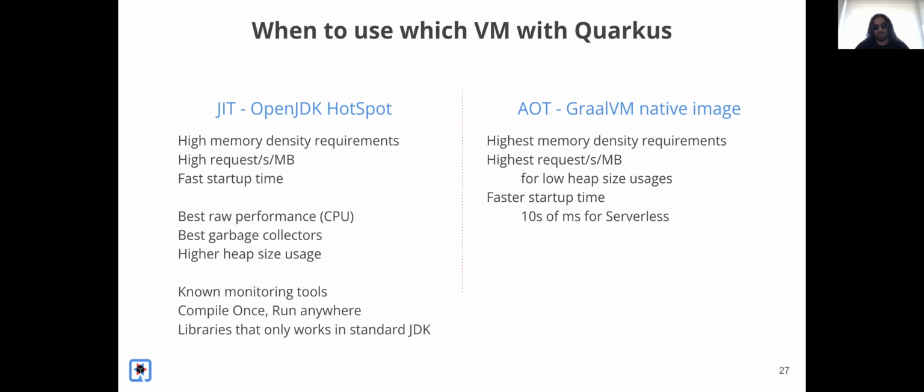We're not sure if it's going to come to a point where it's going to be better than the regular JVM for these scenarios. But if you have higher heap sizes and if you need the best throughput, it's still going to be a JVM with the JIT compiler that's going to achieve that for you.